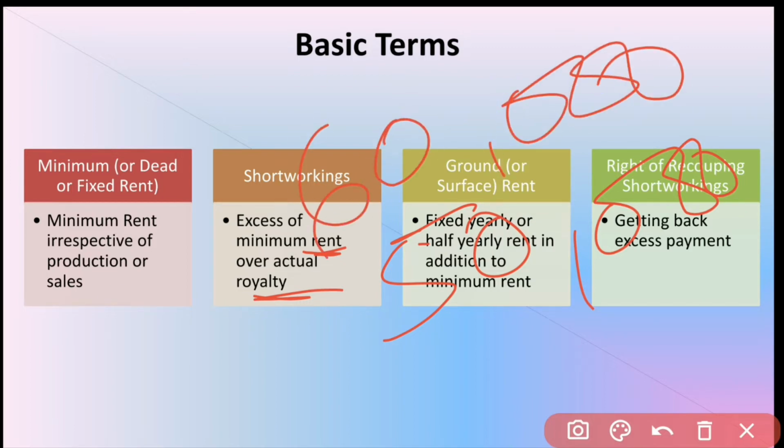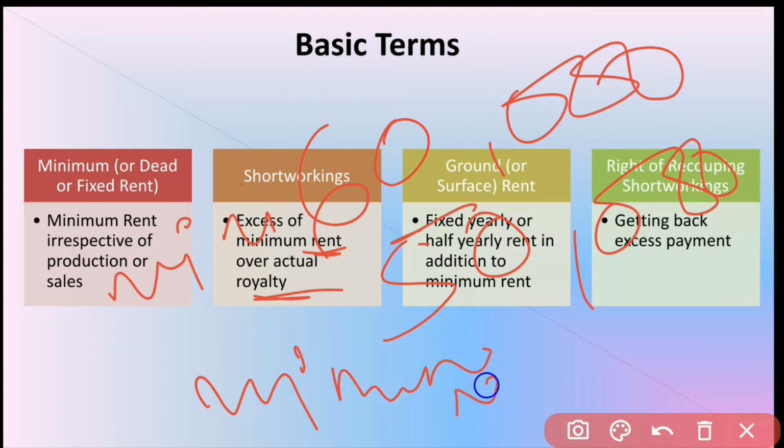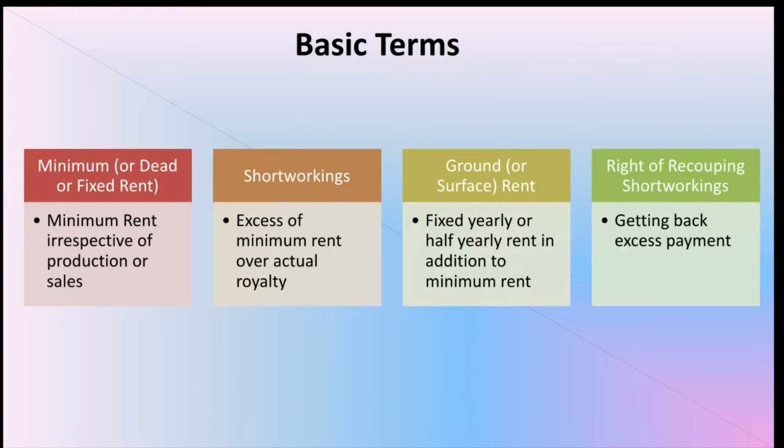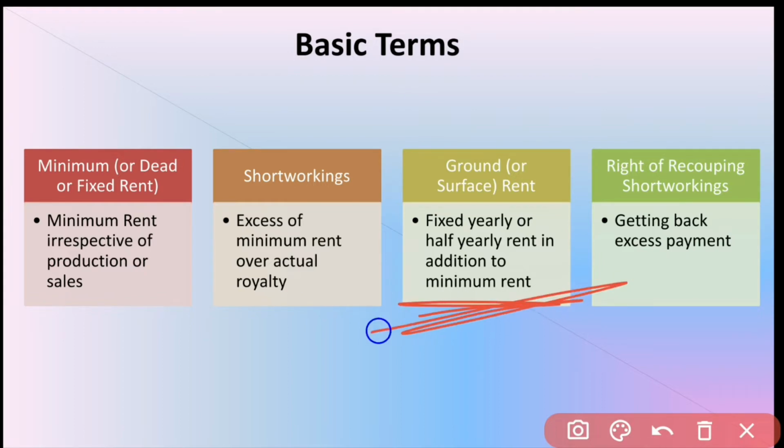So my minimum rent is more than my royalty. Over here, this is the short workings. Next point is the ground or the surface rent. This is whatever is paid in excess of the minimum rent, and it is known as the ground or the surface rent.